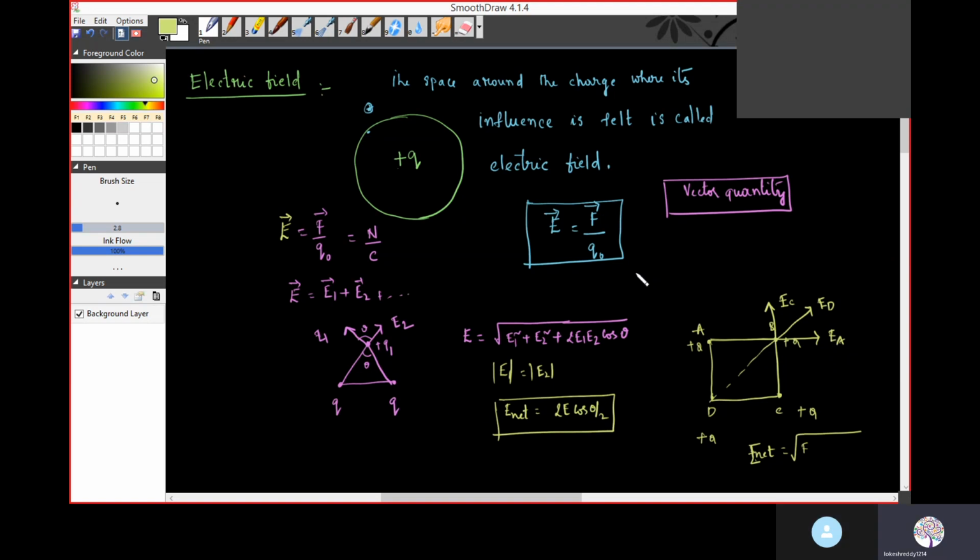Now the electric field is F by Q naught. So I'll be writing 1 by 4 pi epsilon naught into Q by R square.